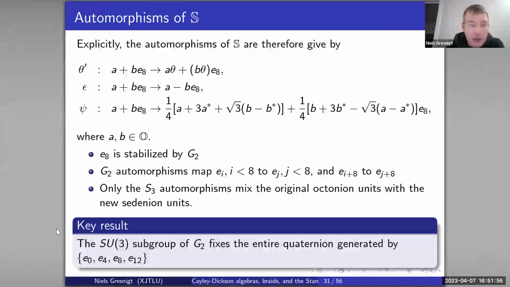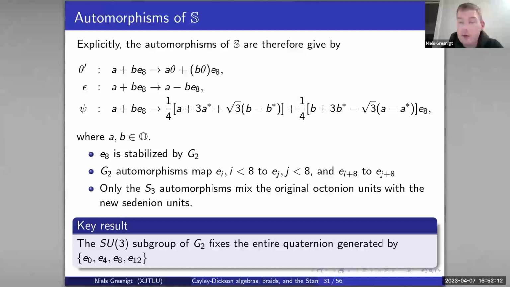A little more on the automorphisms. Here I've written them explicitly for the Sedenions. We have used E8, the new imaginary unit that you introduce to go from the Octonions to the Sedenions.